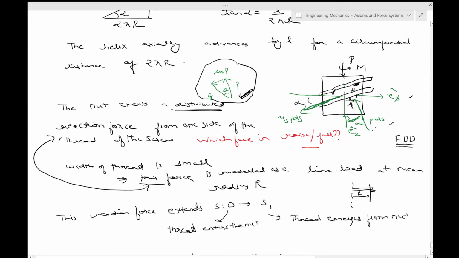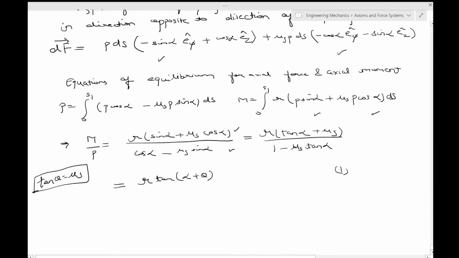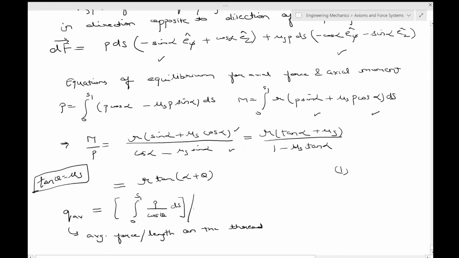This is the average force per unit length on the thread: the integral from 0 to S1 of P by cos theta ds, divided by S1.